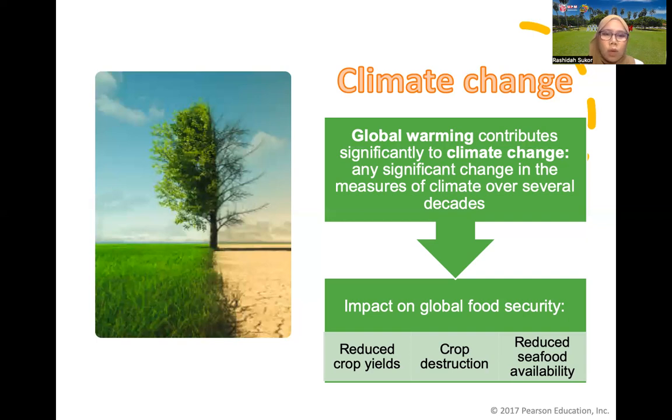So when temperature gets higher, it will affect their behavior, their availability and the place where they normally are. Then they are not there anymore, the type of fish that we normally consume.